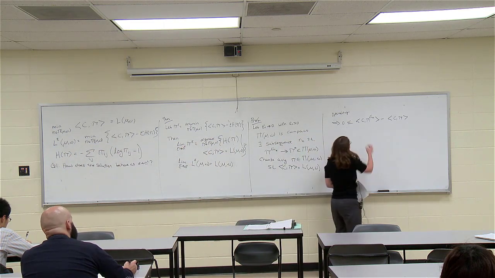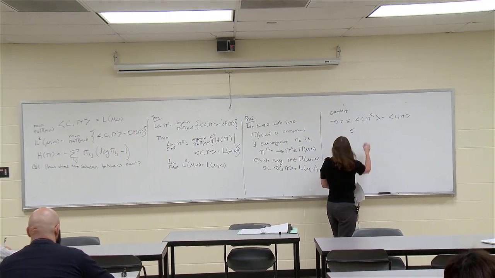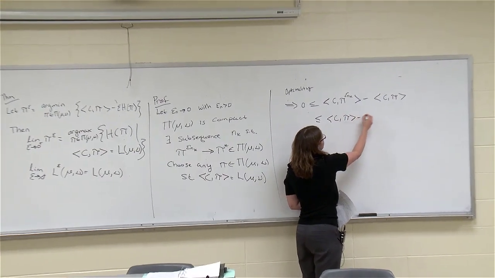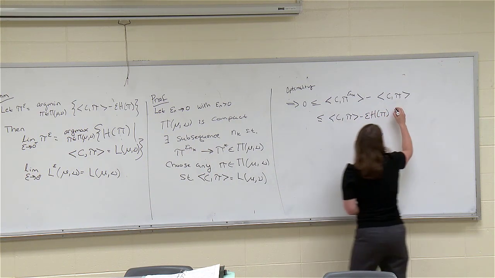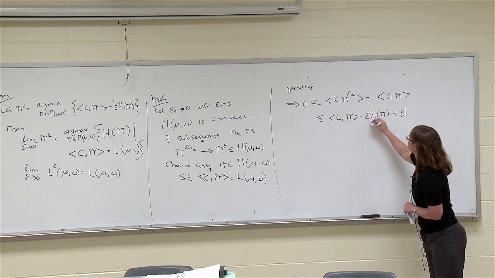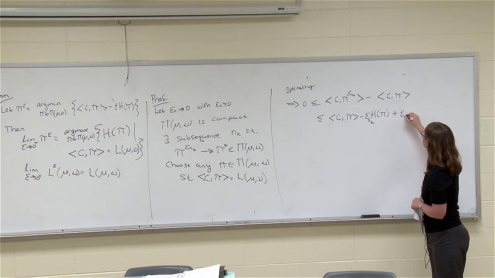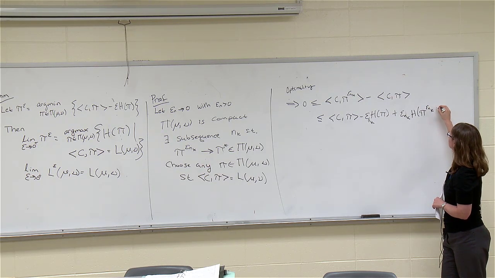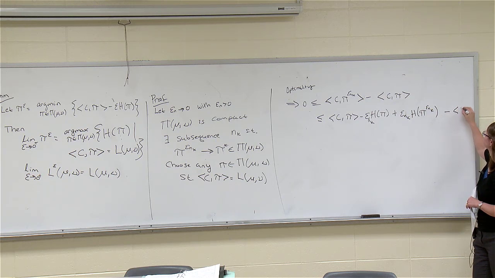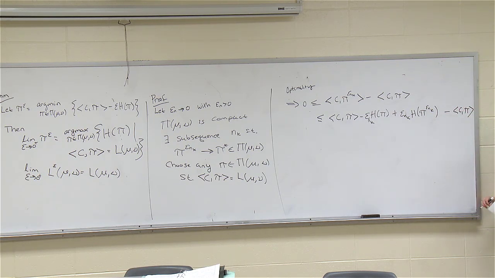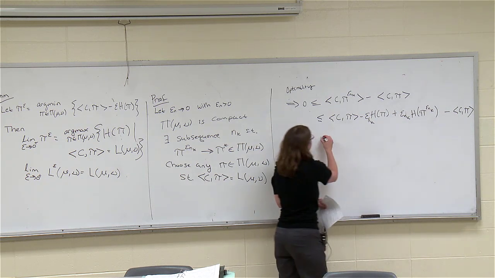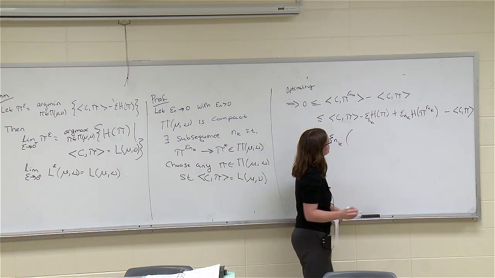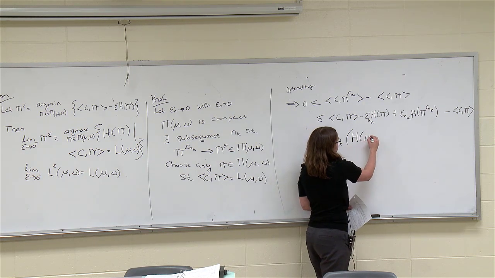So we also have that this guy here is going to be less than C pi minus epsilon H of pi plus epsilon H of pi epsilon. And then this is still here. All right, so I've just fed in the two optimality conditions. Which if I simplify, this looks like a difference of my two entropy functions.